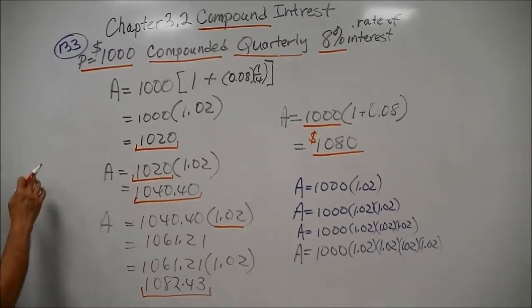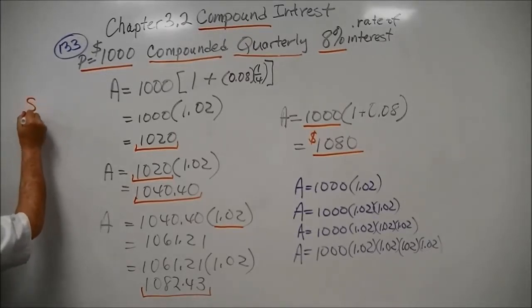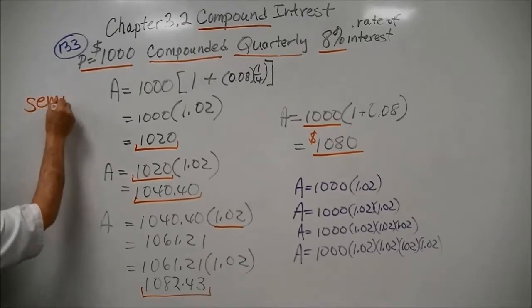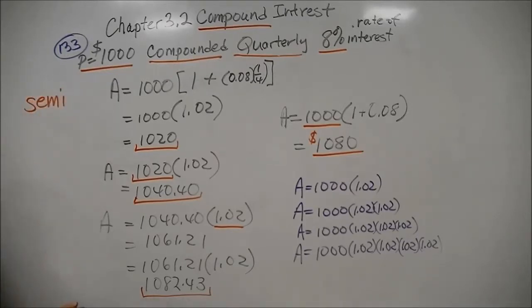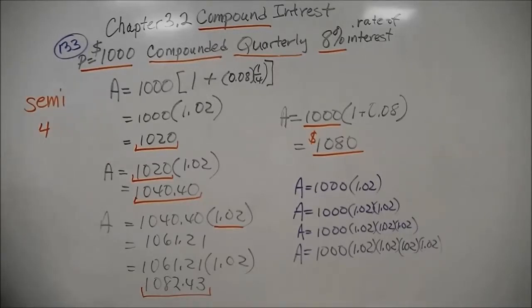Now, compounding something annually is once a year. Semi-annual is twice a year. Quarterly is 4 times a year. And then monthly is another common one. That would be 12 times a year.